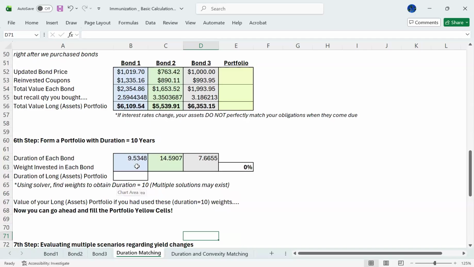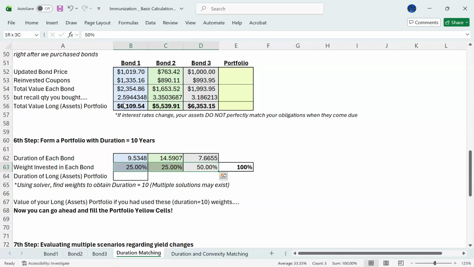I can use Solver in order to find a combination of these three bonds that leads to a portfolio where I have a duration of 10 years. So in order to use Solver, I can just start with some random weights. This is an initial seed. So Solver is going to change it.